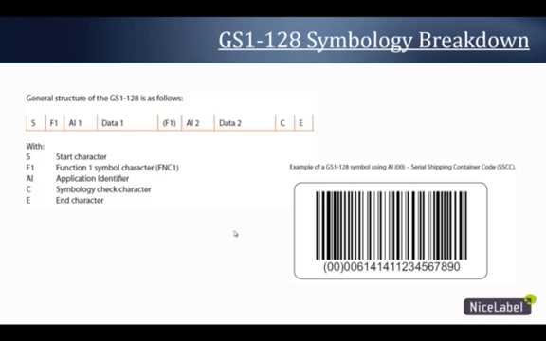The GS1-128 symbology is a subset of the more general Code 128 symbology that most people are aware of and used to. As defined by ISO standards, the use of the Function 1 symbol, which is the FNC1, in the Code 128 symbols is the first symbol character position following the start character.